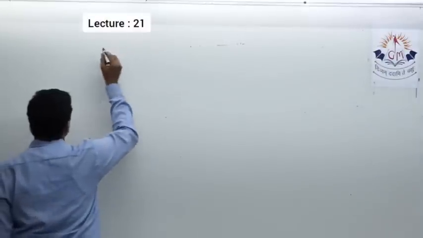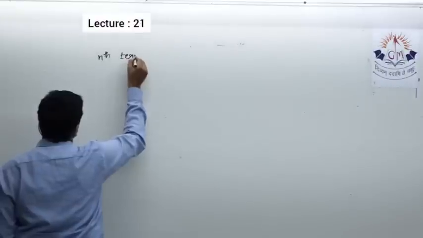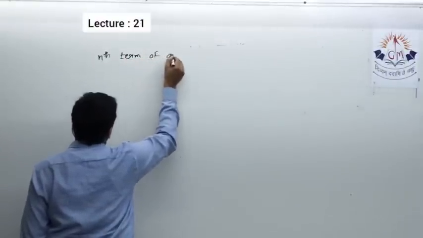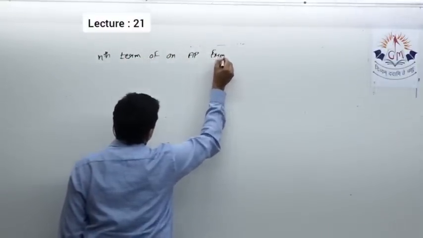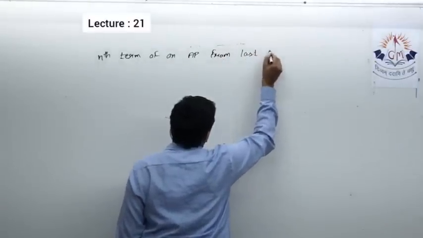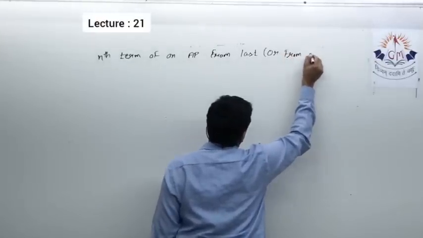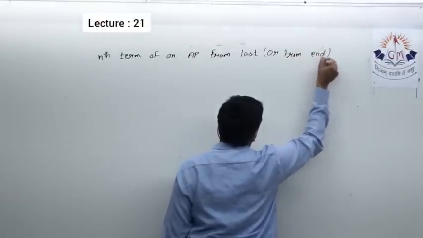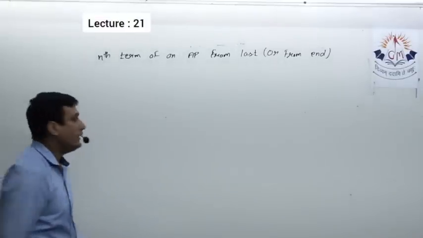So here we have to find the nth term of an AP from last, or from the end. That means if I count the last term as the first term, then how to find the nth term of the AP.